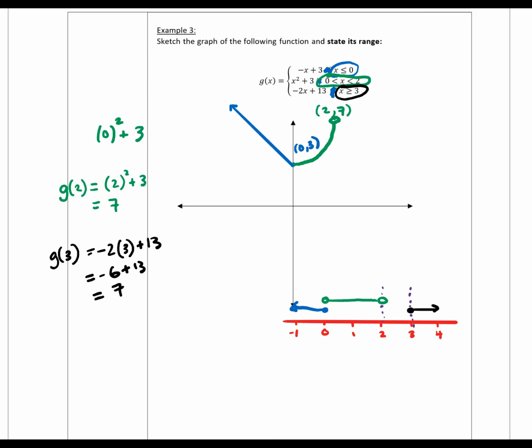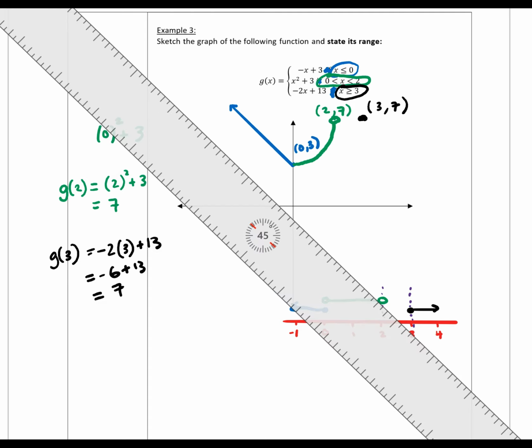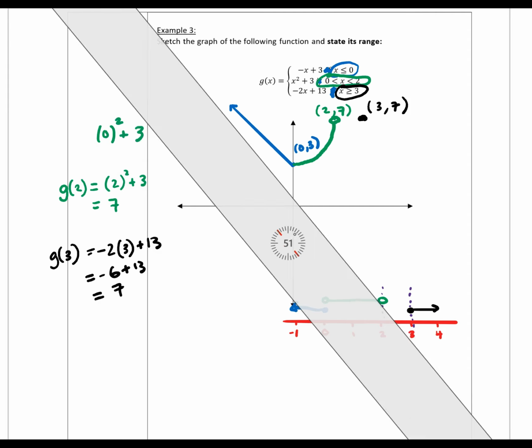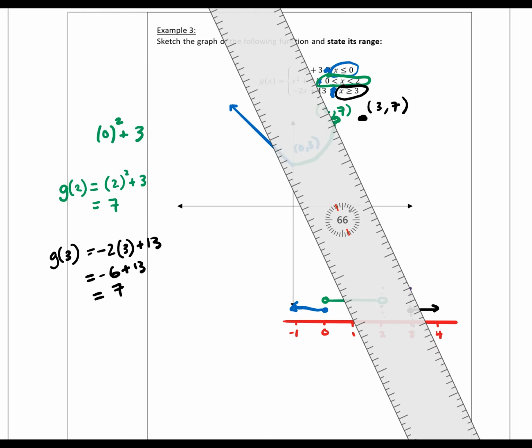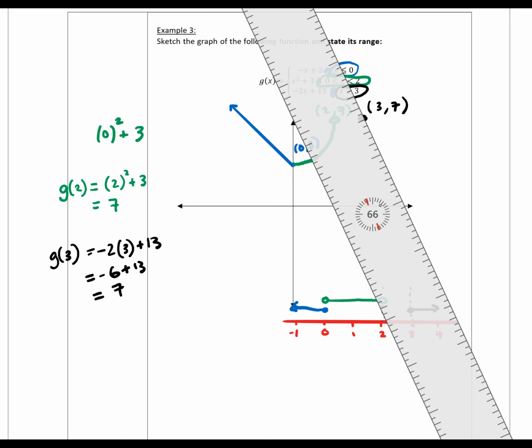So it's going to start at the same height, which is here. It's going to be inclusive, but it starts at the value x equals 3. So there's that little purple gap that we were thinking about. This has a gradient of -2, so it's going to be twice as steep as my last one, and it needs to go down.